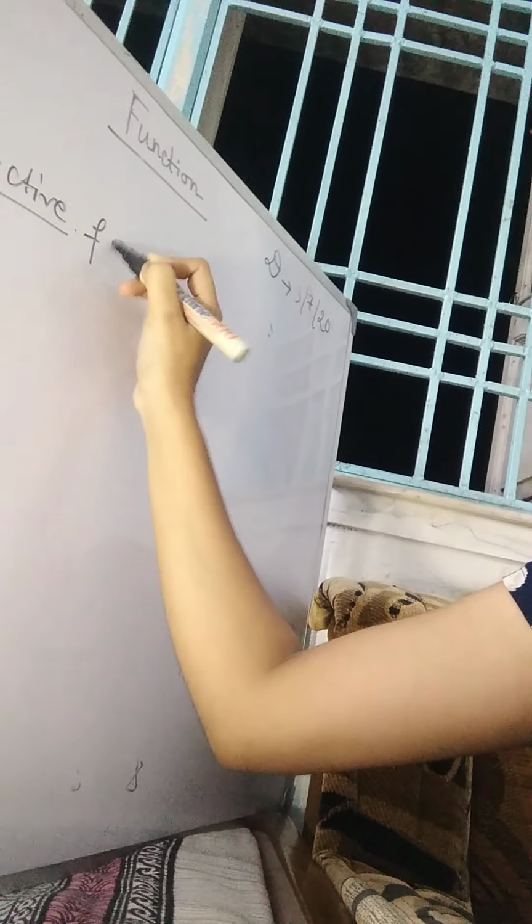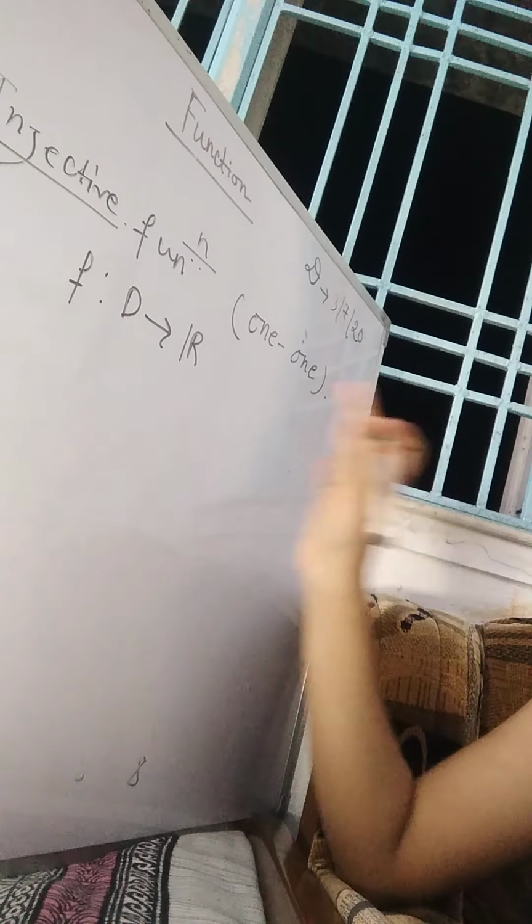That is the injective function. Okay. First of all, for the injective function, f is defined from D to R, where D is a non-empty set and D is called the domain of the function. An injective function is also known as a one-to-one function.